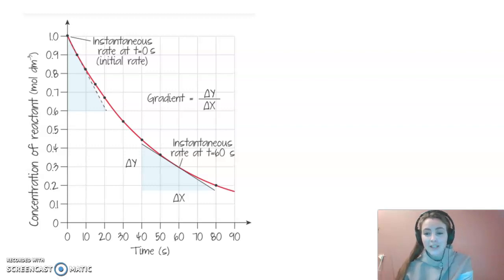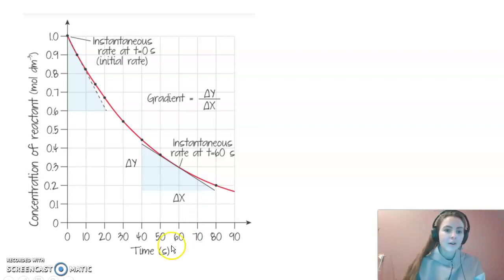That will be finding the slope or the gradient of the curve. So if the question is, find the rate of reaction after 60 seconds, then we go down here, we see 60 seconds. We go up and find the curve. Take a straight line, a tangent.